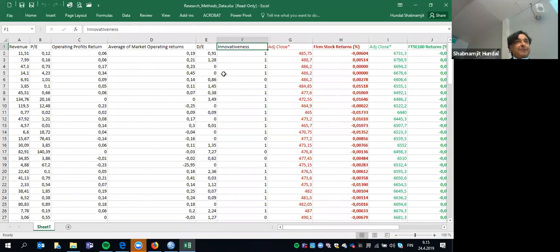You get my point? R&D ratio, R&D expenses to sales ratio. So out of your total revenue, how much money you spend on R&D? The more you spend, the more innovative you are. And on the other side, the ratio of intellectual assets or intangible assets to total assets.